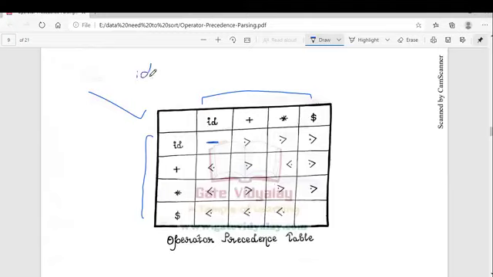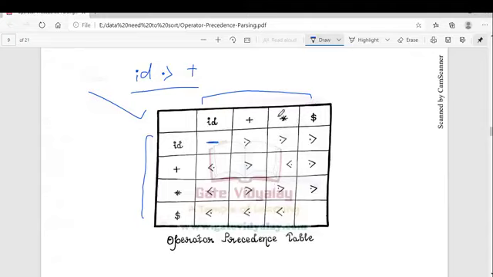I have already told you that id always has the highest precedence. So we will write it like this: id has higher precedence over plus. I write it like this because id is written here, so the angular brace's mouth should be open towards id.